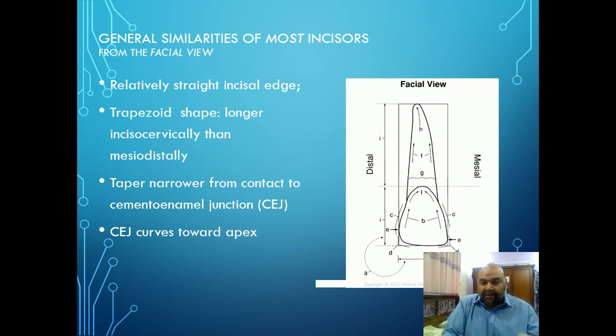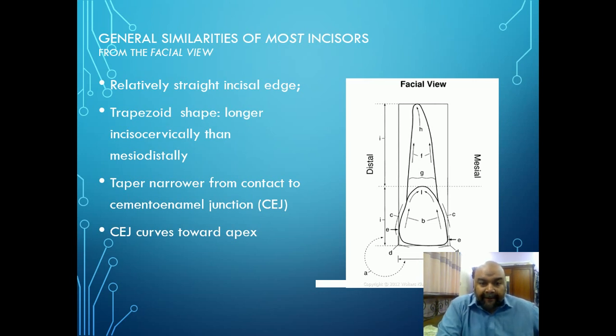If you compare the shape of these teeth from the lingual surface or from the facial surface, all of them resemble a trapezoid. So the facial and lingual surfaces of all the teeth, be it maxillary incisors or mandibular incisors, resemble a trapezoid. The facial and lingual surfaces only, while the proximal surfaces resemble a triangle.